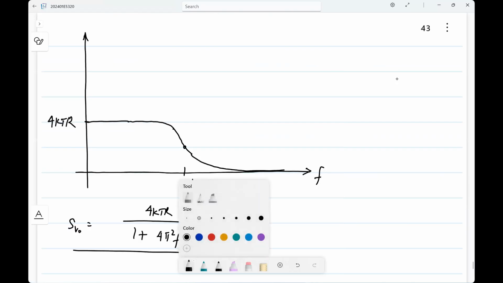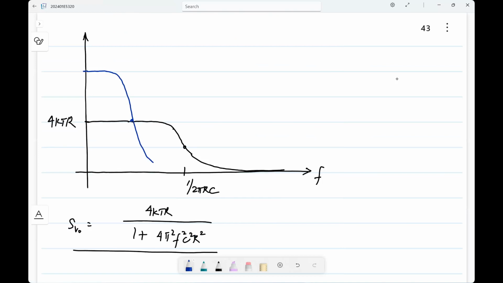Now, if you had a different resistor value, let's say double that, what would happen is the bandwidth would be half. Okay. So you would have something like that. So the area under this and the area under the first one are the same, and it's true for any other value of resistor also.